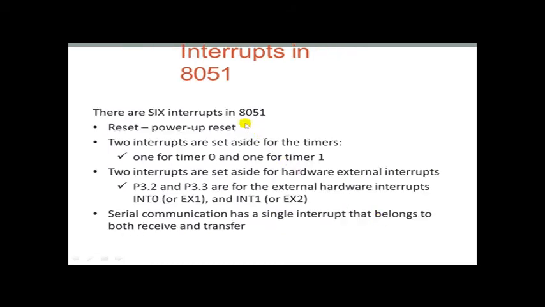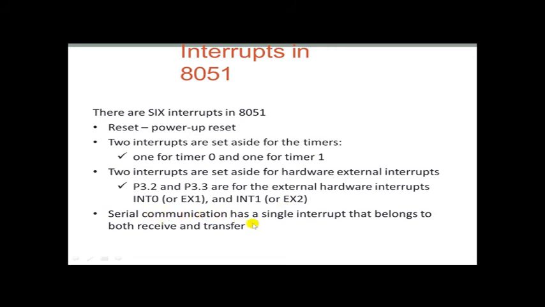Interrupts in 8051. There are 6 interrupts in the 8051. Reset, that is power up reset. 2 interrupts are set aside for timers, one for timer 0, one for timer 1. 2 interrupts are set aside for hardware external interrupts, that is P3.2 and P3.3, INT0 and INT1, for external 0 and external 1.